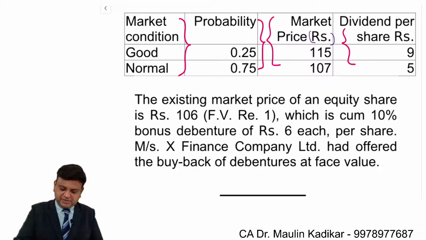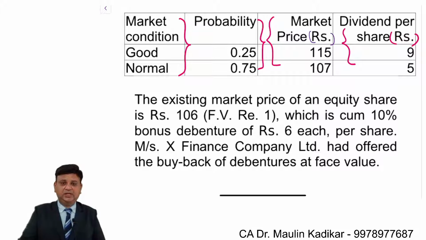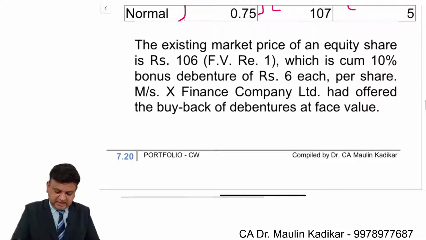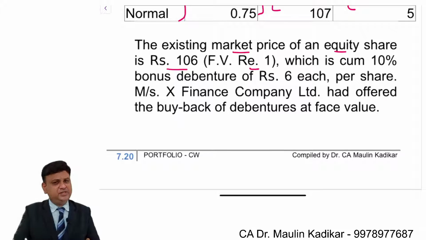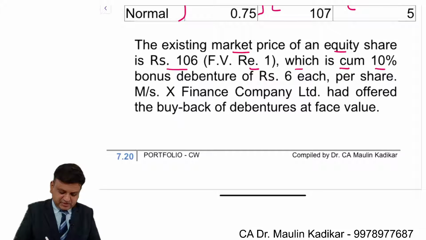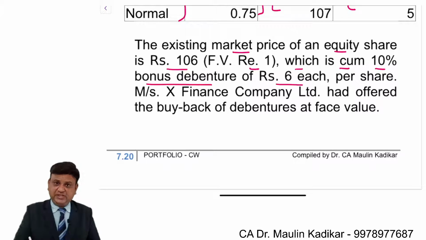Next is the dividend per share information. It will be 9 rupees or 5 rupees. The existing market price of an equity share is rupees 106 and the face value of the equity share is just 1 rupee, which comes with a 10% bonus debenture of rupees 6 each per share.